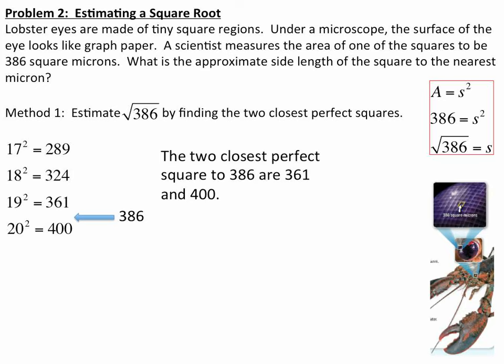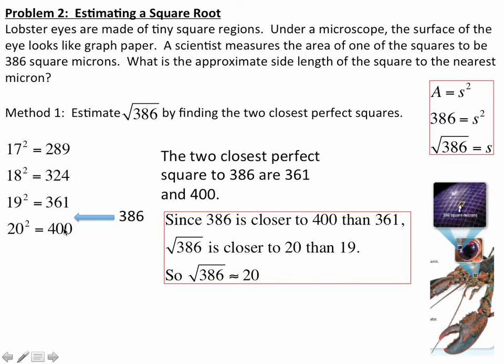So the two closest perfect squares to 386 are 361 and 400. Since 386 is closer to 400, the square root of 386 is going to be closer to 20 than it is to 19. So approximately, that's what that little wavy equal sign means, the square root of 386 is approximately 20.